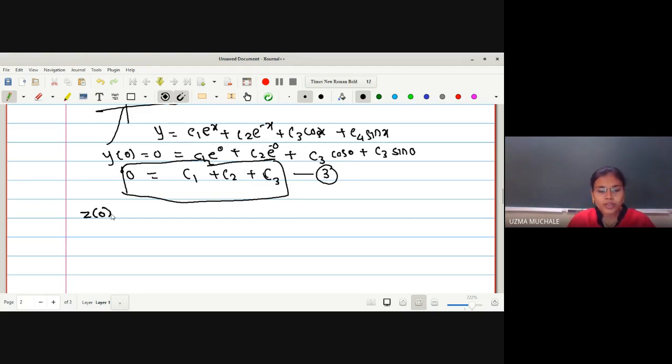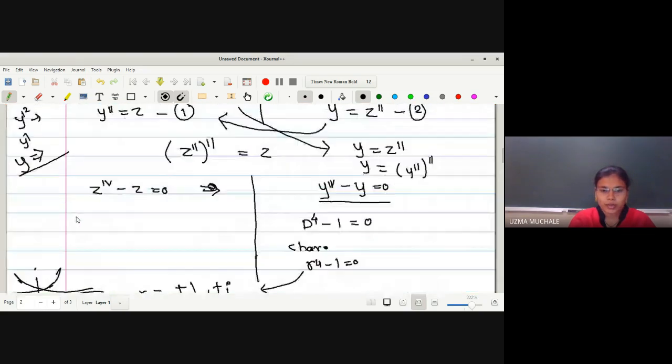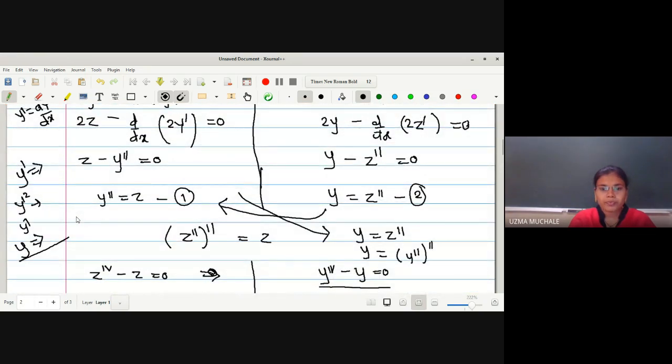But we haven't found the solution in the form of z, correct? So to solve this, we have to use the condition from equations 1 and 2: z can be found with the help of y double dash. Equation 1 gives us z is nothing but y double dash.